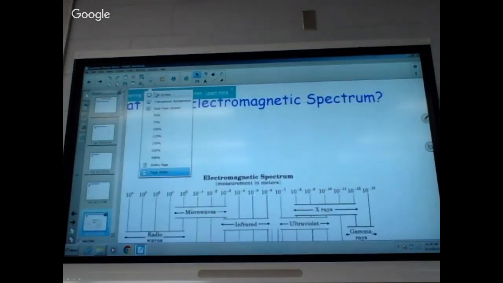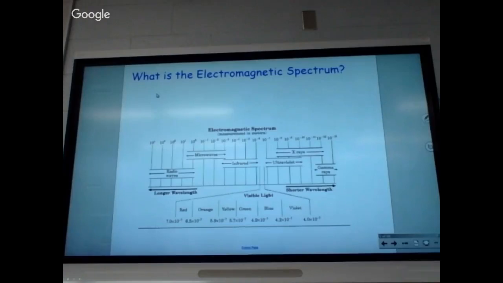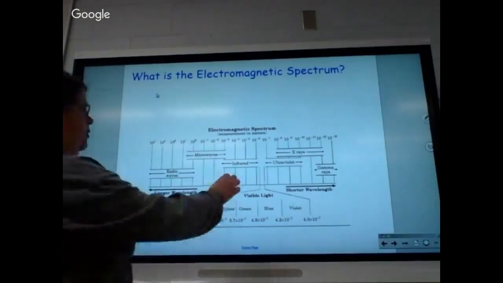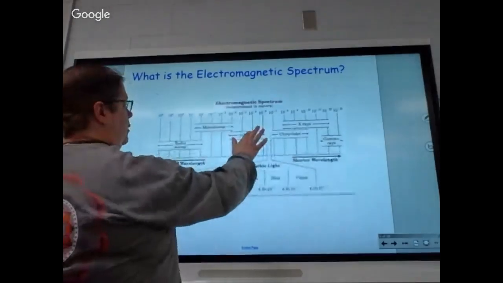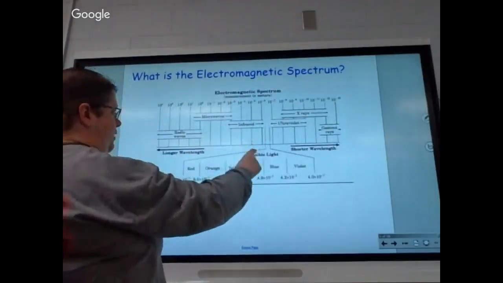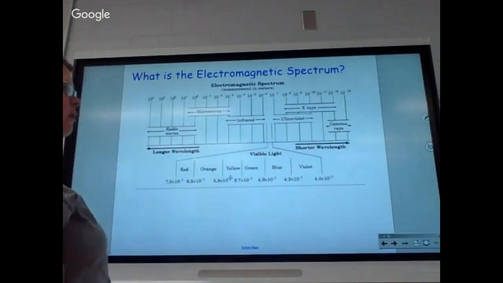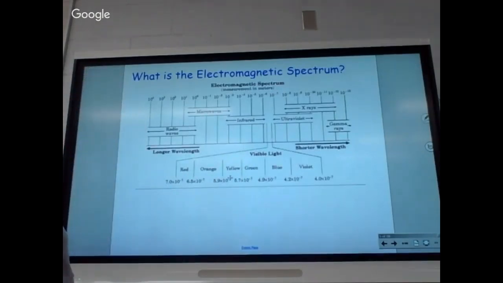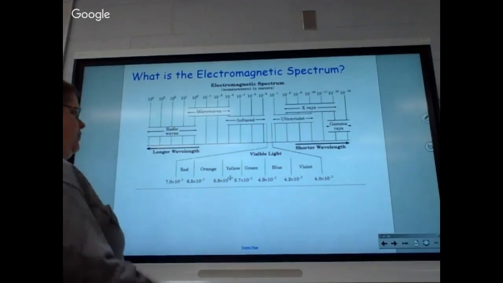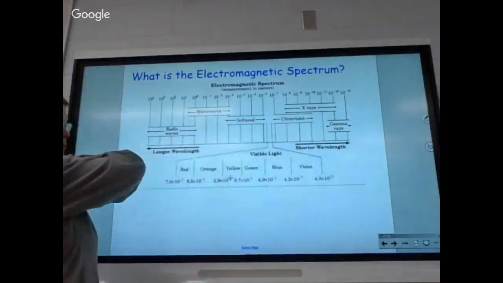So if you look at the chart, one of the questions asked for frequency and one of the questions asked for wavelength. If I ask you which of the following has the shorter wavelength, all you have to do is look at the wavelength arrows.